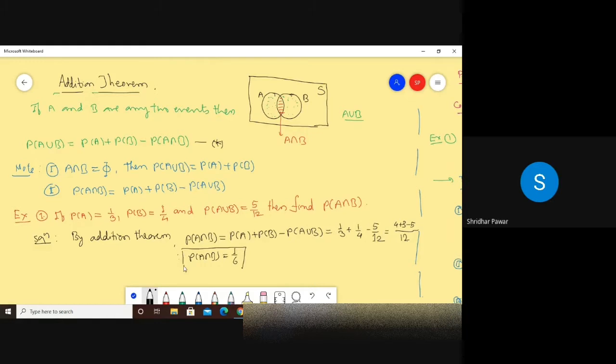So this is what the answer is. Thus by using the addition theorem, you can find the probability of the intersection of two events.